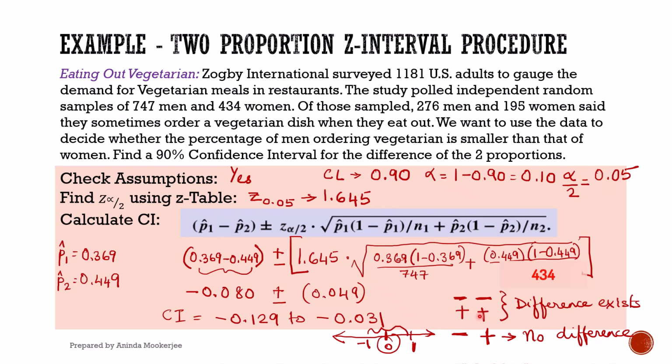If the hypothesis test decision was do not reject, then most certainly your confidence interval will have one negative on the lower end and one positive on the upper end. So when we study two proportions or two means, the same logic will apply when we go into studying the differences of means as well. All right?